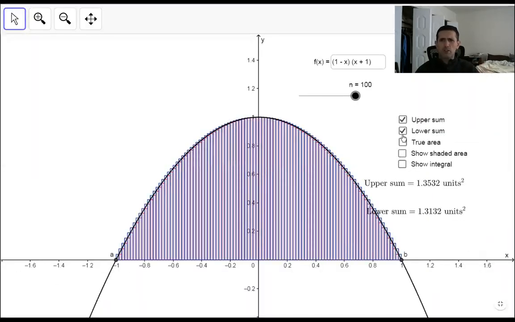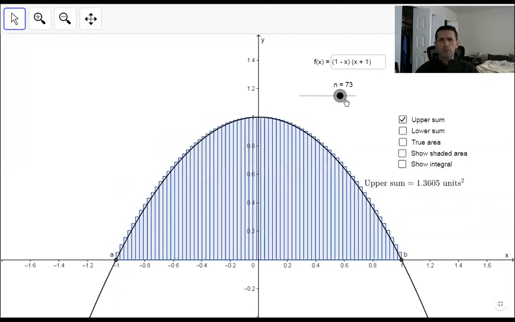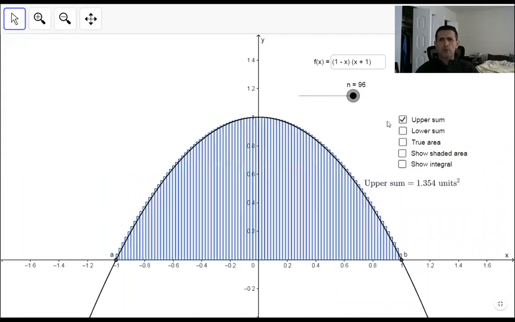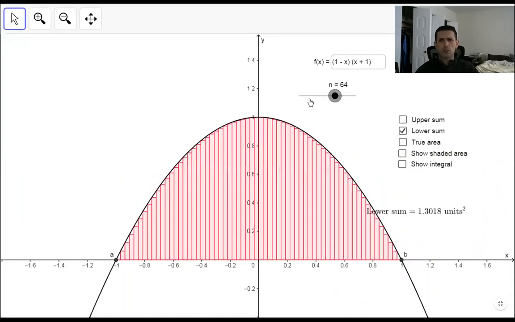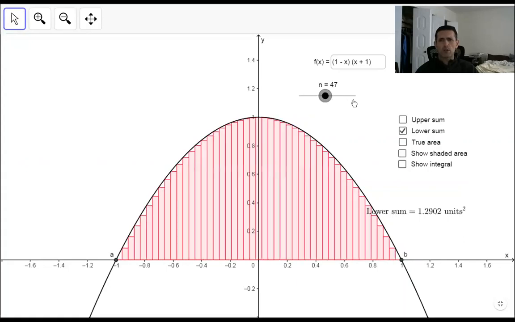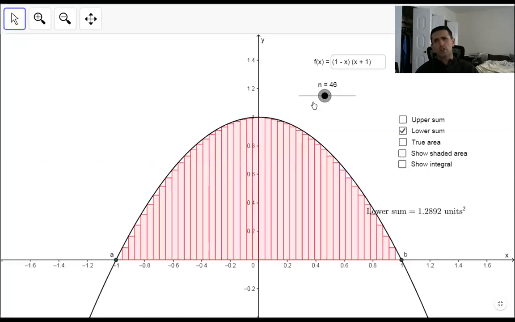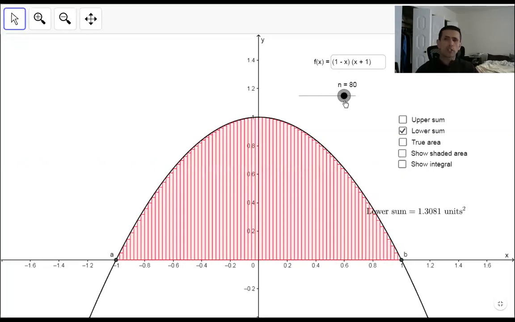You'll notice that no matter what partition I take, the upper sum is always going to be bigger than or equal to the lower sum. Or in other words, the lower sum is always less than or equal to the upper sum for any two partitions, which makes sense.